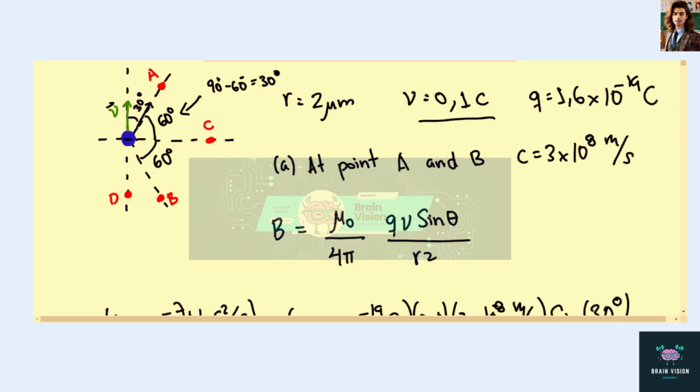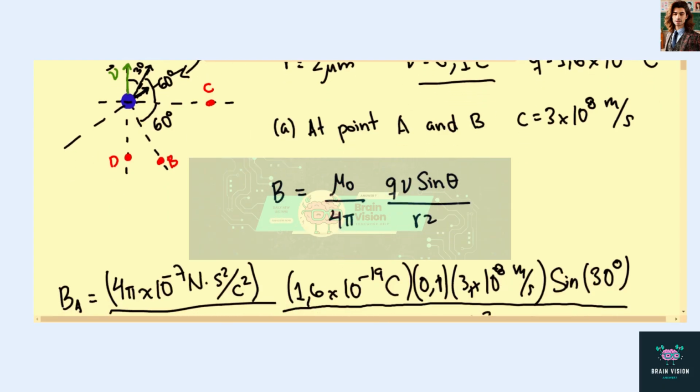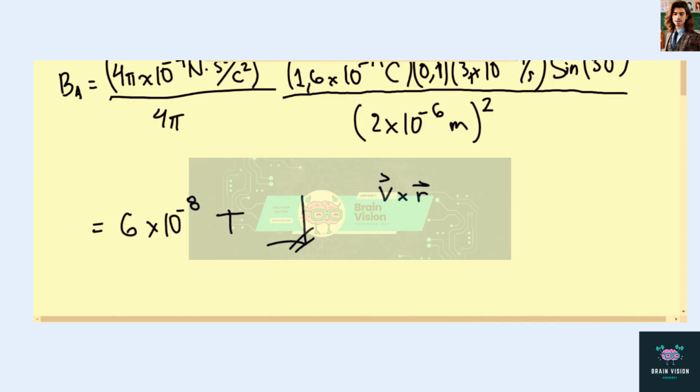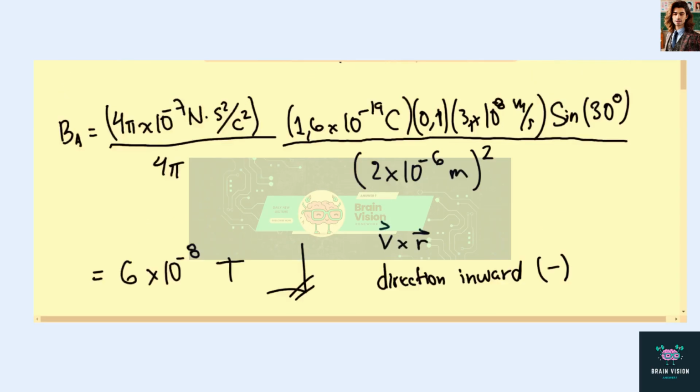So it is inward. If we put another axis, it is going to point in this direction, inward. And if we set this as positive and this as negative, then it will be negative. So the direction is inward, or negative if you set it in that way.